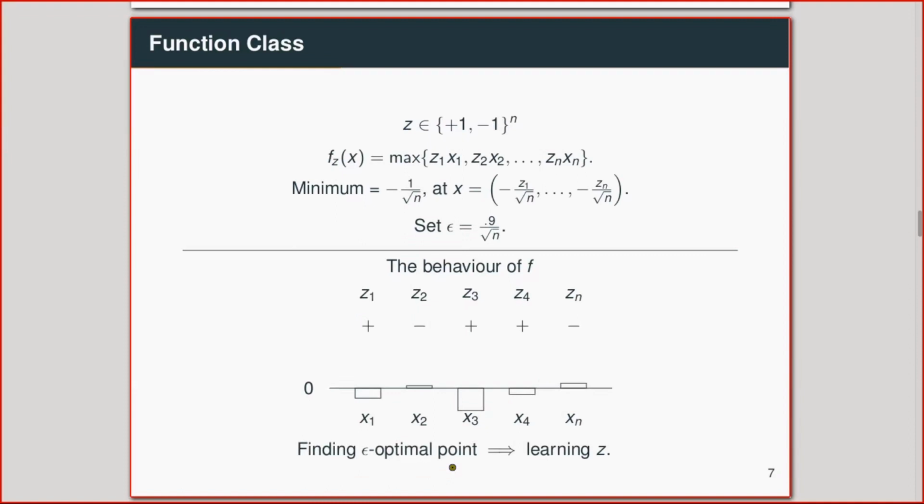Unfortunately, we can only learn on expectation 2 bits of z per query. That means that we actually need n by 2 queries. Well, not n by 2, but omega n queries if you use Markov's inequality. Since epsilon was set to be 0.9 by square root n, this is a class of functions which actually requires omega 1 by epsilon squared queries in order to optimize.